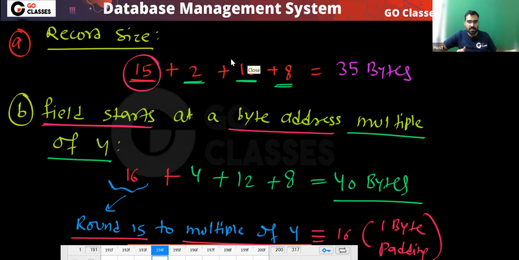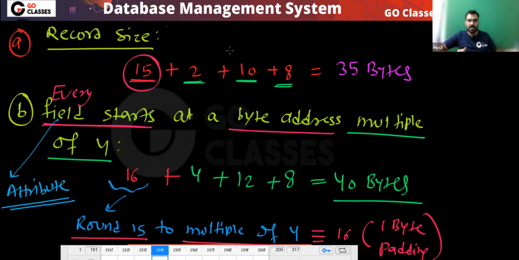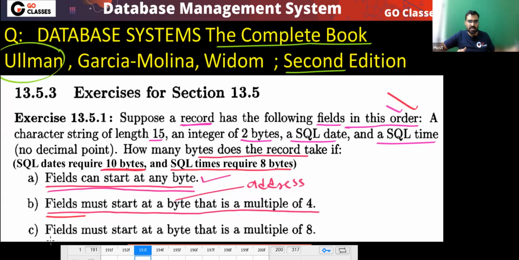Every field should start. Field means attribute. There are attributes and this is an attribute. So the question is talking about where a field should start. Field means attribute, you already know this.